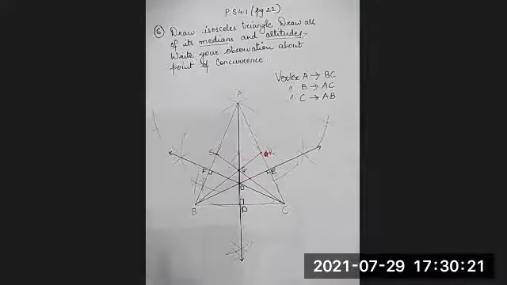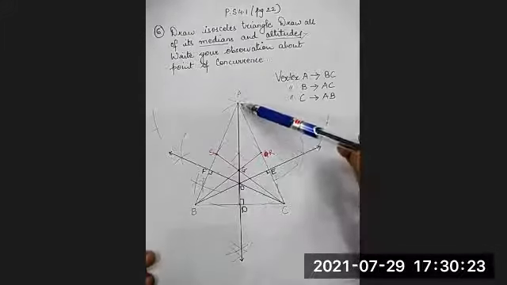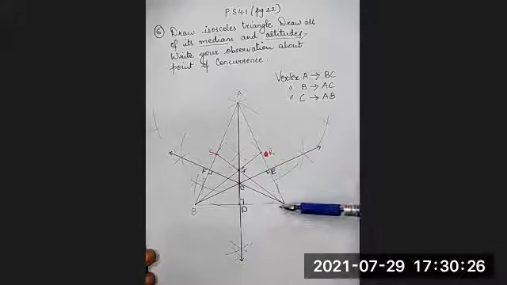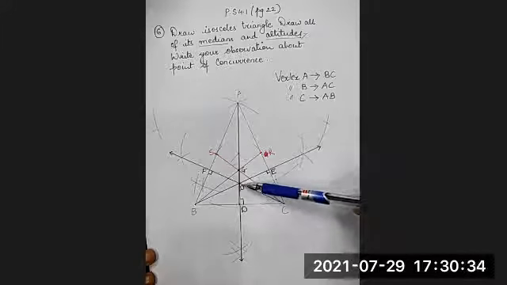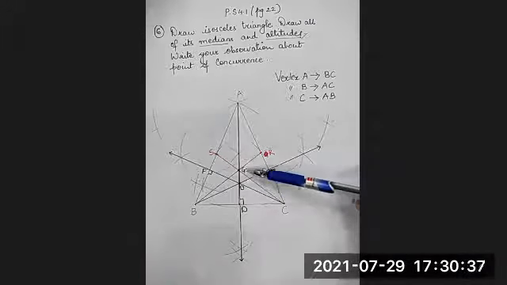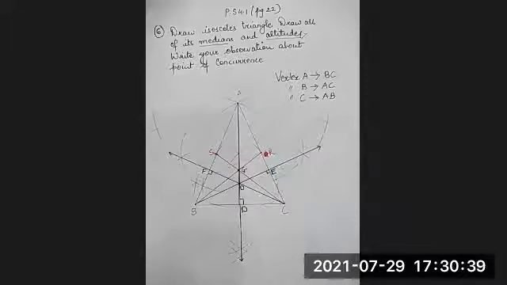The observation is that for side BC, the median is the perpendicular bisector only. And both the orthocenter and the centroid lie in the interior of the isosceles triangle. So this was the construction. Thank you.